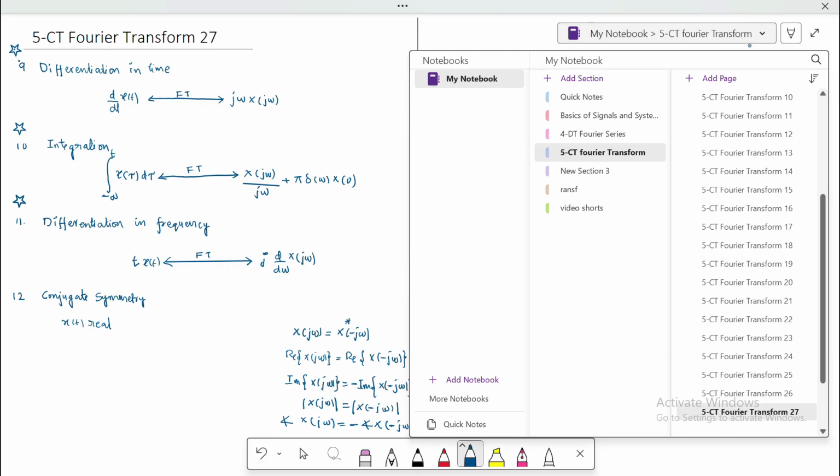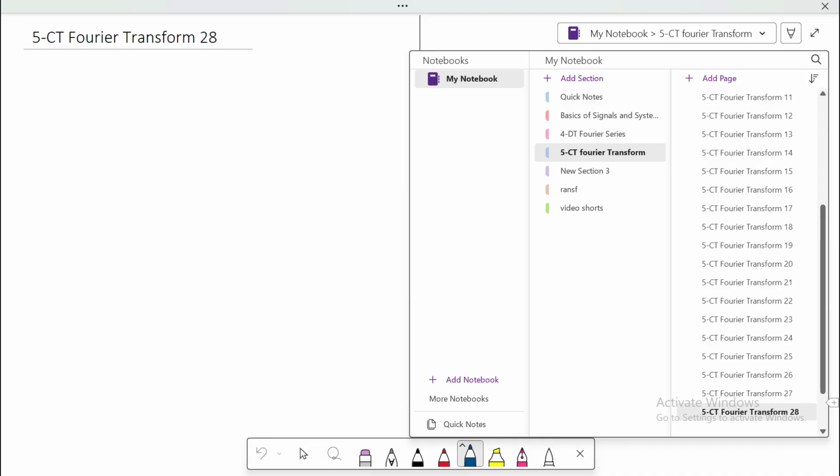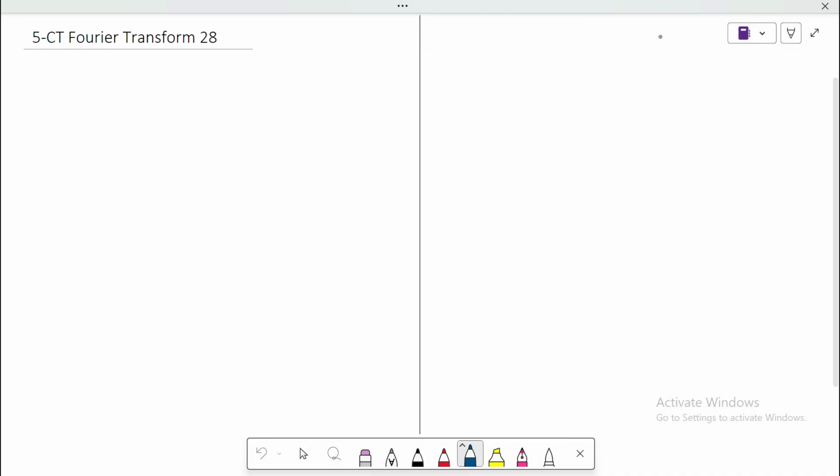So next, we are going for the formulas for the aperiodic and periodic signals. Here I am writing them in one table in one place. This is very, very important, so try to remember.